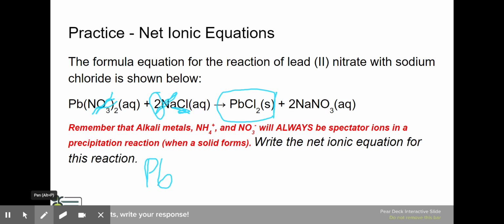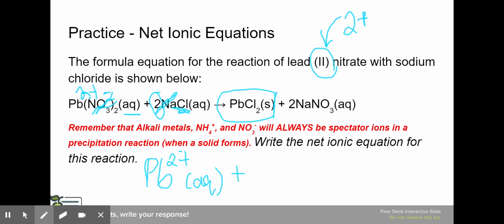Okay. If you know that nitrate is a -1 and there's 2 of them, then the lead must be a +2. It also tells me it's a +2 because remember that 2 in lead-2 nitrate means it has a +2 charge or a 2 positive charge either way. So that's going to be my lead. So lead 2+, and that's dissolved in water when it's a reactant. It's dissolved in water there. I take this, I put in the 2 chlorides.